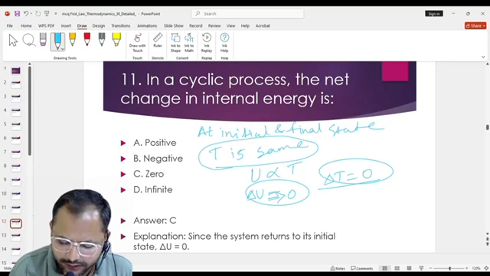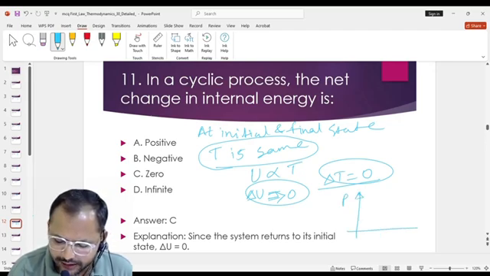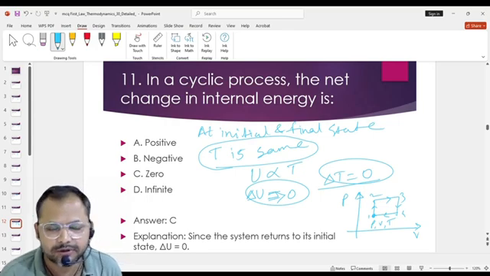We can represent this on a pressure and volume graph. Suppose these are points 1, 2, 3, 4, and the direction of the process is from 1. At the initial state and final state, pressure, volume, and temperature are the same.